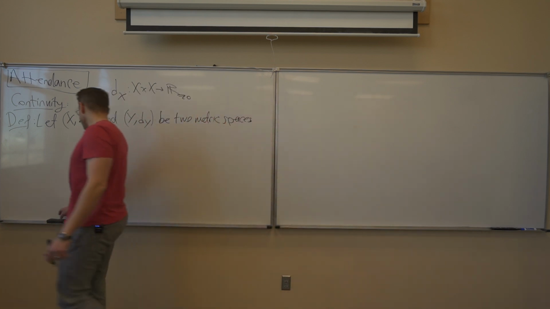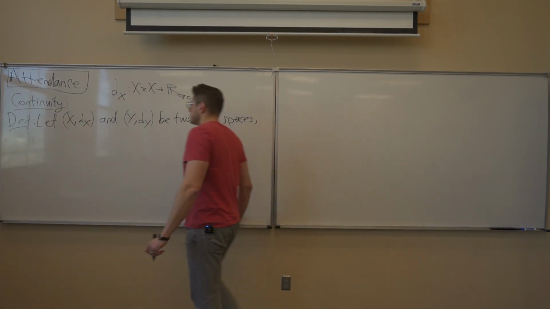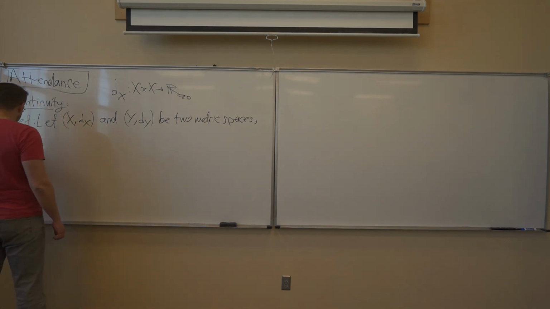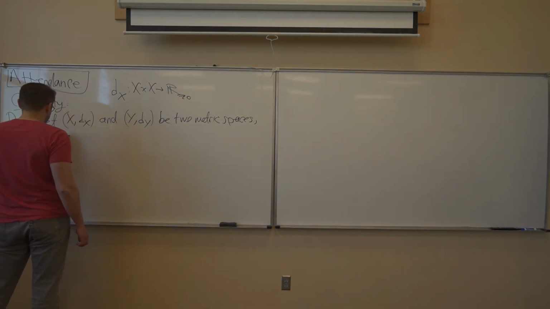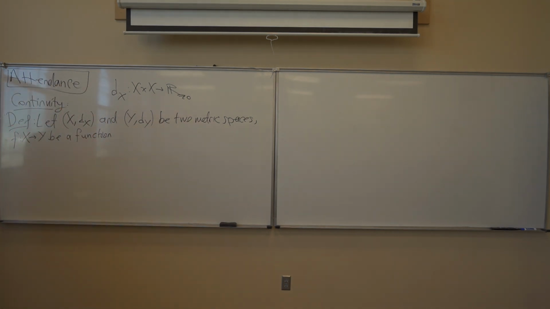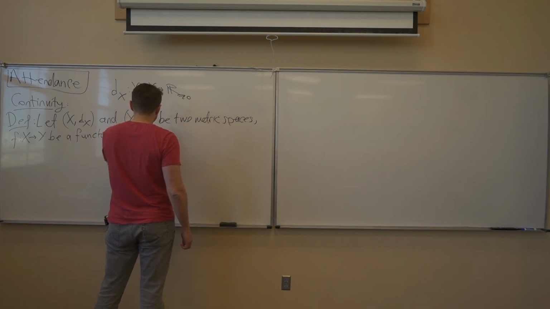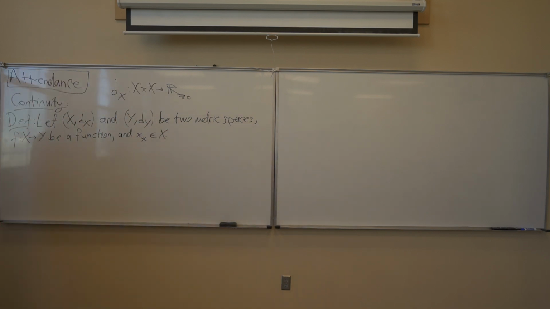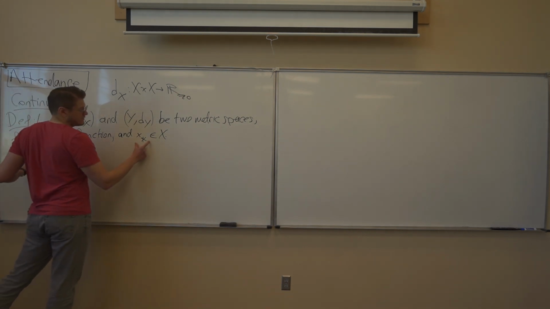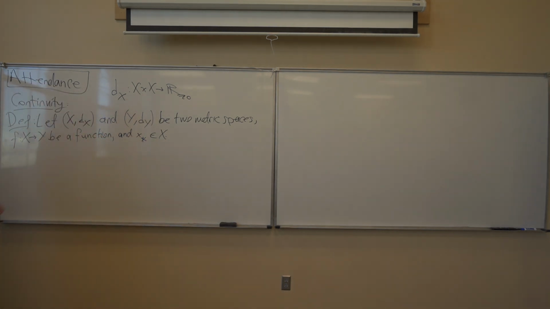Let me let a function f from x to y. And well, let me take a base point. So let's say x star in x. I'm going to say that f is continuous at x star if the following thing happens.